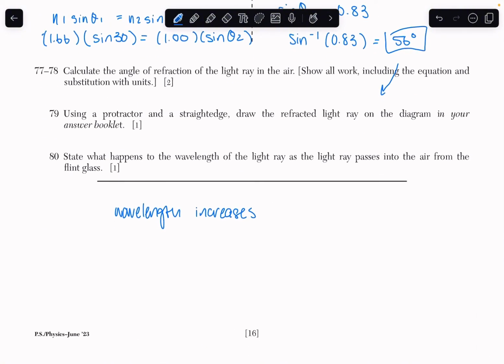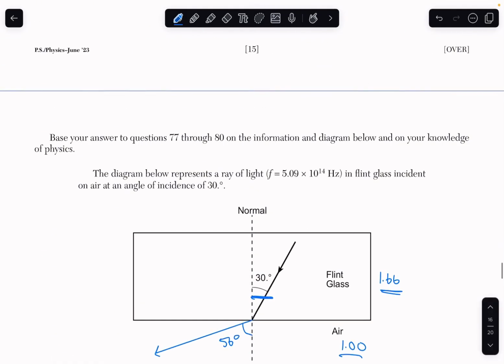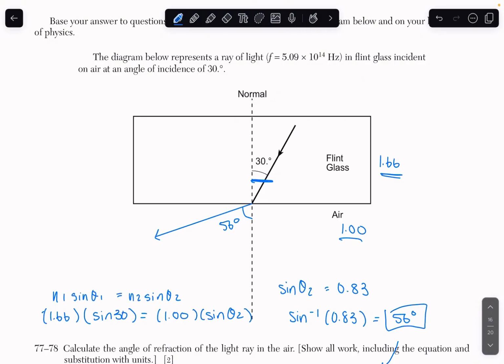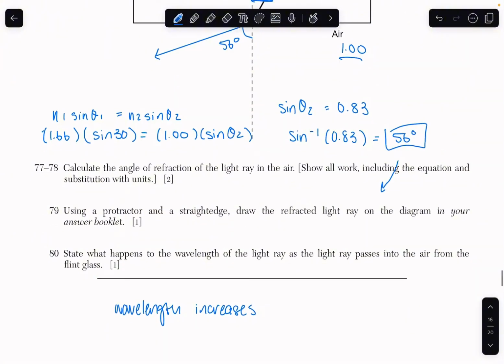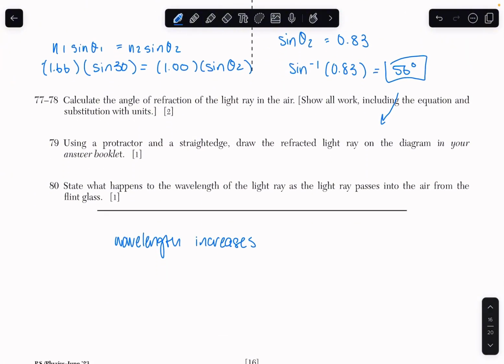So as that happens, the ray moves away from the normal. We could see that. Here it's closer to the normal, while here it's more far away. And because of this, we could tell that the light wave increases. The wavelength, sorry.